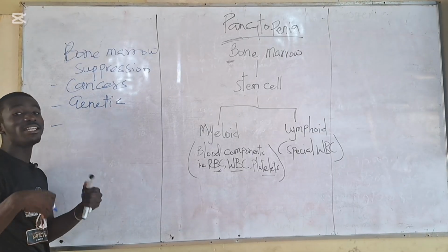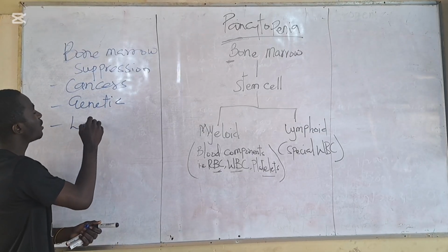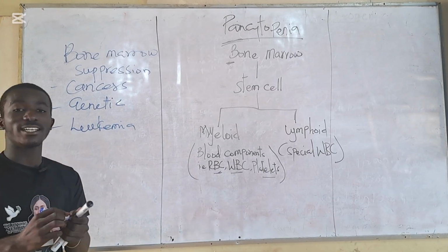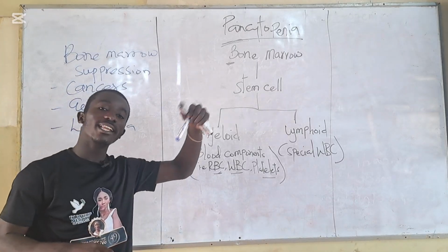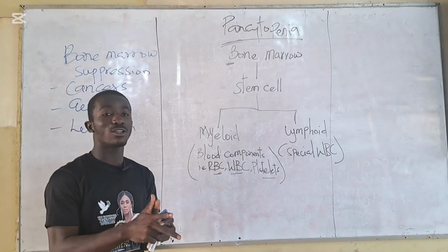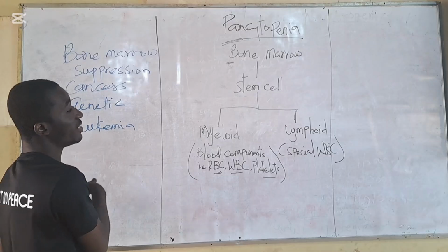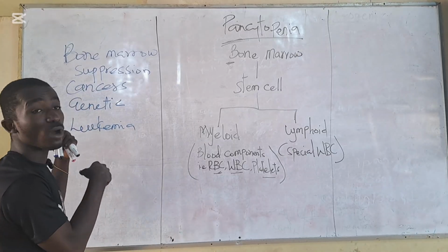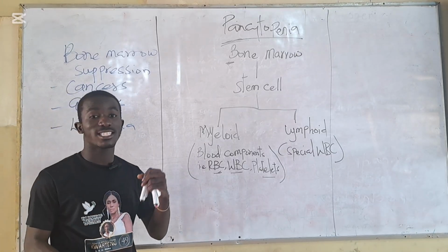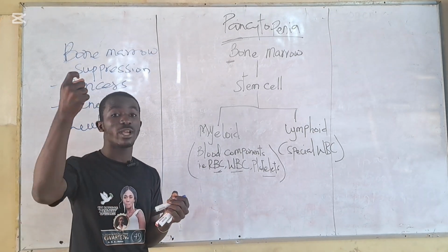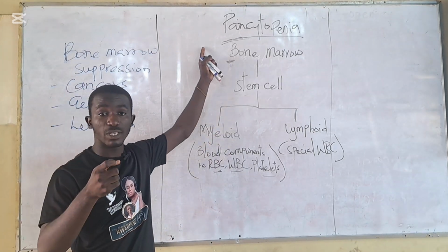Then also a patient having leukemia, and the likes. Then we have risk factors like the elderly and the likes, but those are not concrete because it's someone's research. These are some of the causes. We can also have cytotoxic drugs, a patient taking chemotherapy and the likes. The patient is at risk of getting pancytopenia.